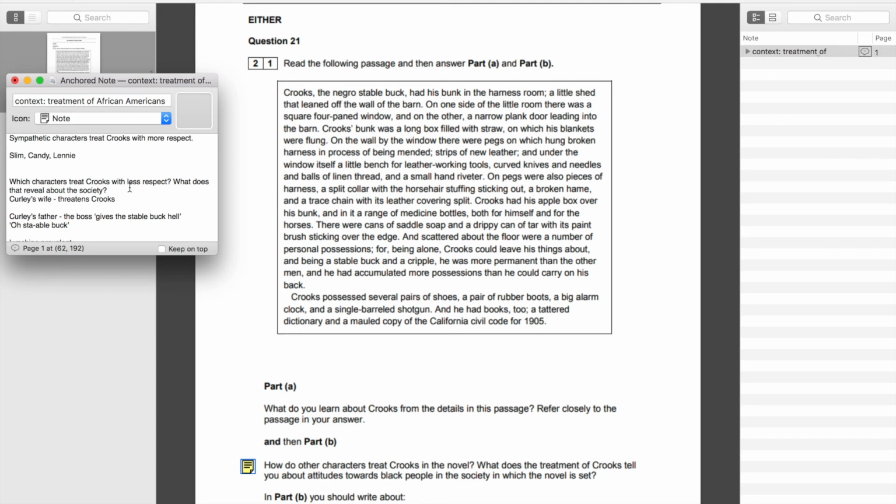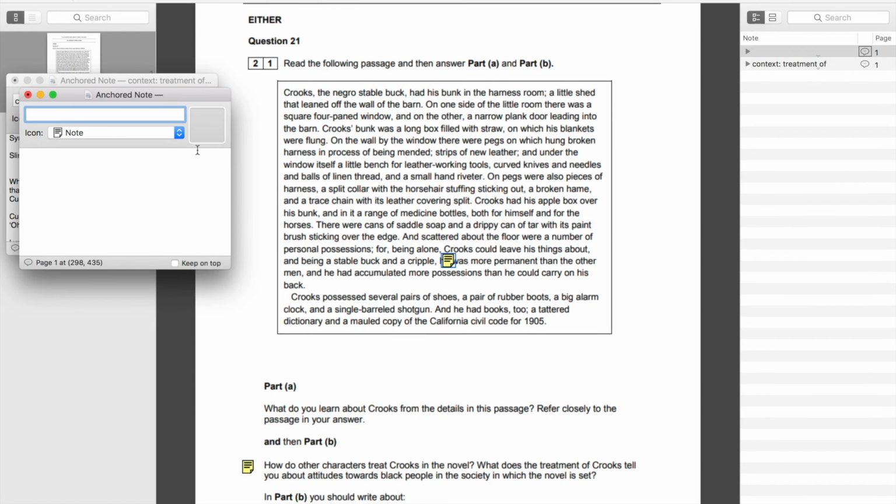Now, in terms of where this comes in the text, so context in the whole text. Let's have a look up here. The context in terms of the position in the novel: this is the beginning of chapter 4. This is right before Lennie comes in.